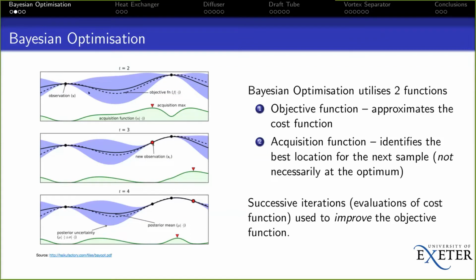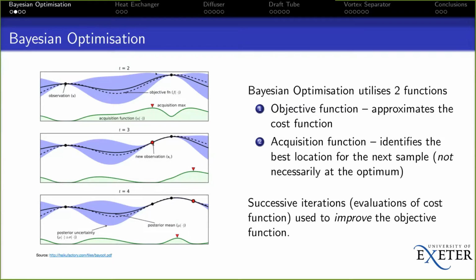Now, we can see from this illustration here that currently our objective function has a global maximum over here. So we might want to improve that by running another calculation. But we already know very accurately the cost function here, so this may not be the best place to run the calculation.